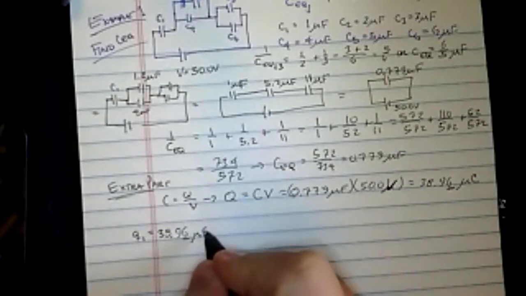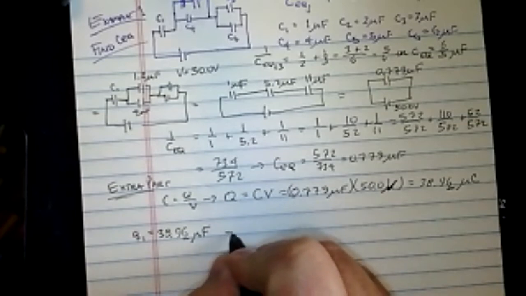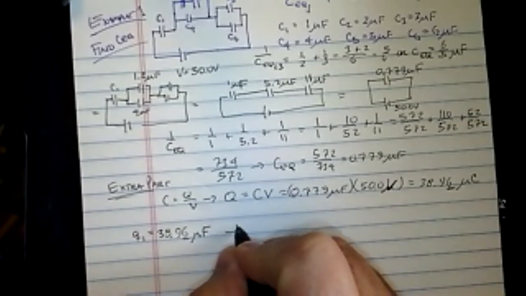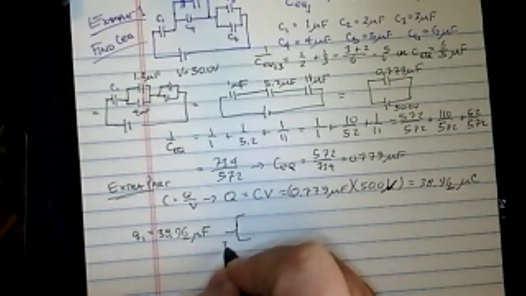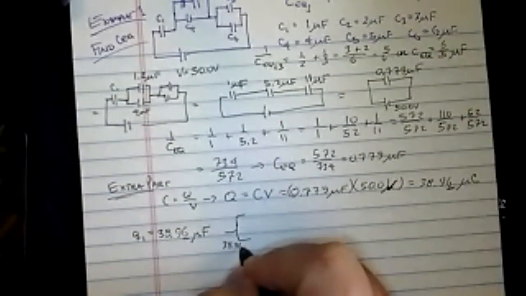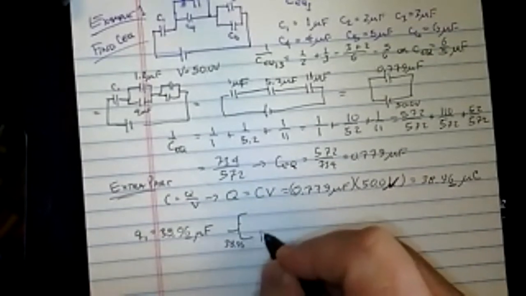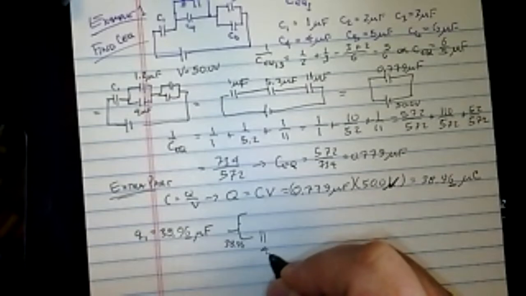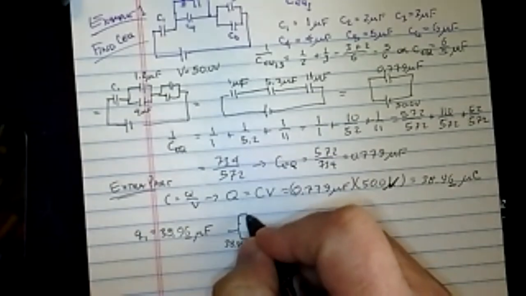Okay. Now, what happens then is that 38.9 is going to go to here and here. Some part of it's got to go to here, which is 4 microfarads. And the other part, of course, is going to go to here, which is 1.2 microfarads.